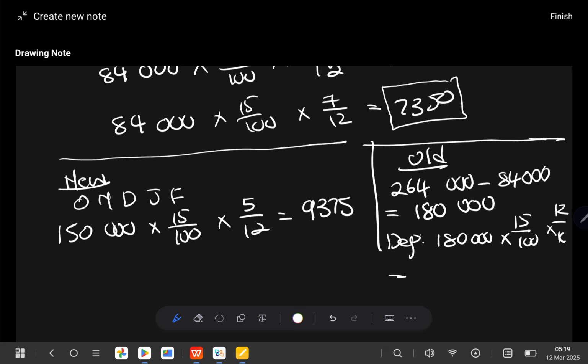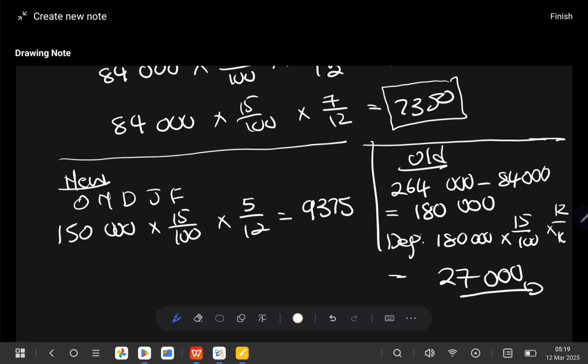So if we say 180,000 multiply by 15 divide by 100, and then multiply by 12 divide by 12, it is giving us 27,000. And you can see, if you take your 27,000 and you add your accumulated, it won't even reach closer to the carrying value.